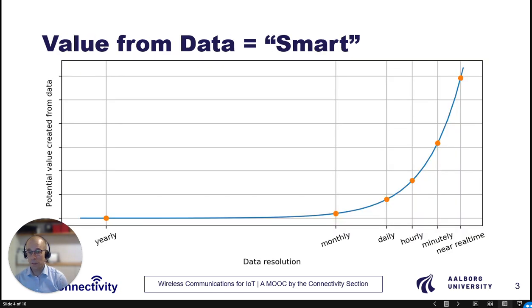The value from the data actually comes from the amount of data. To charge the end user for a given amount of consumed water, maybe yearly or monthly, does not require much data, and it's not much additional value you can extract from this data when you only have these very rare samples.